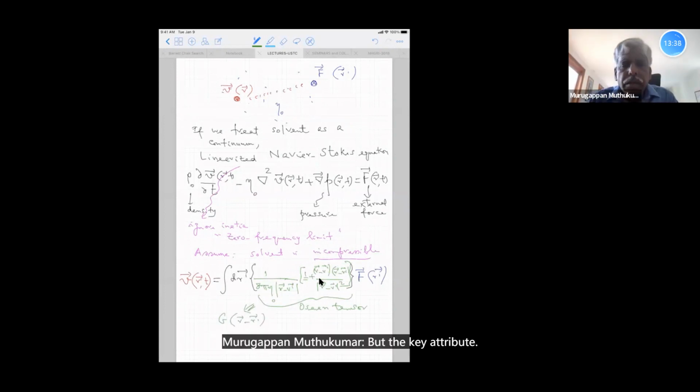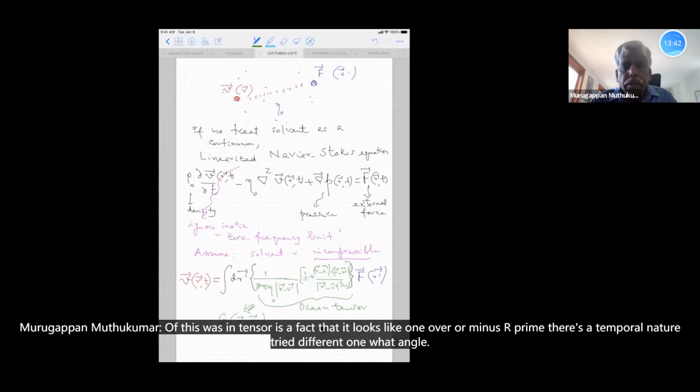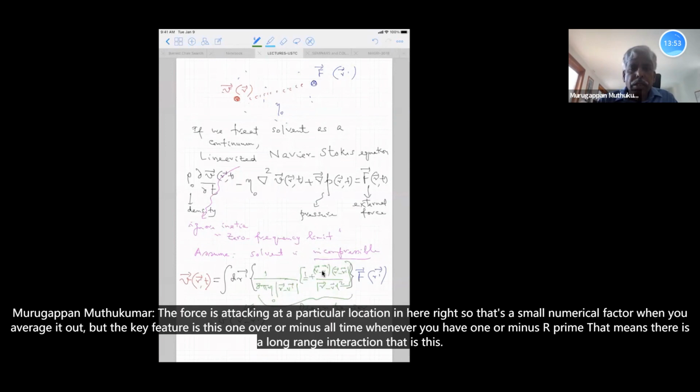But the key attribute of this Rouse tensor is the fact that it looks like 1 over modulus of R minus R prime. There's a tensorial nature, depending on what angle the force is attacking at a particular location. That's a small numerical factor when you average it out. But the key feature is that this is 1 over R minus R prime.